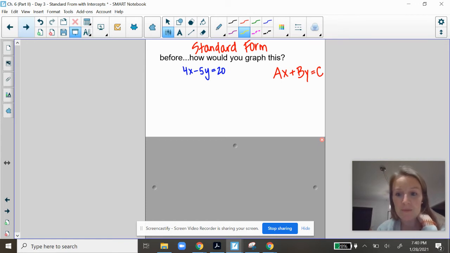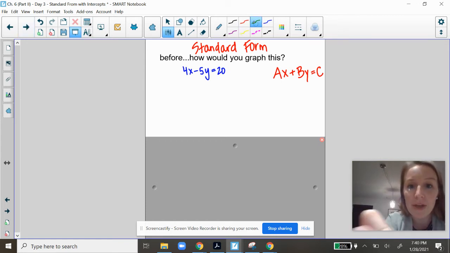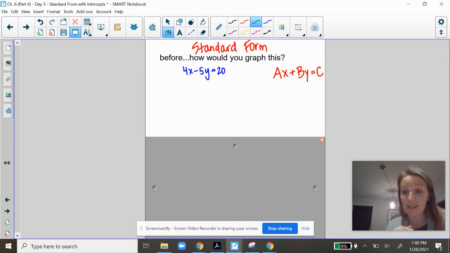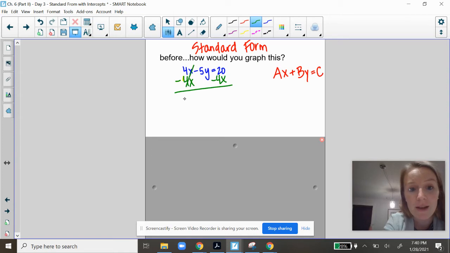equation. Okay, you're back. So hopefully your gut instinct is to transform it into slope-intercept form, meaning get it into y equals mx plus b. So I would subtract my 4x on both sides, and then I'm going to be at negative 5y equals negative 4x plus 20. Then I'm going to divide by negative 5.